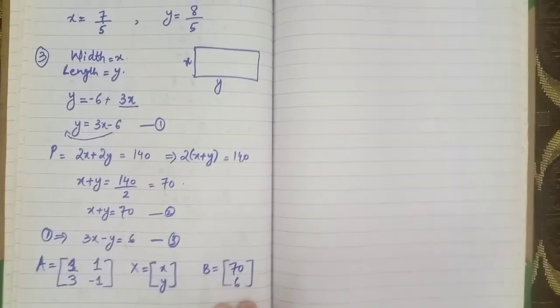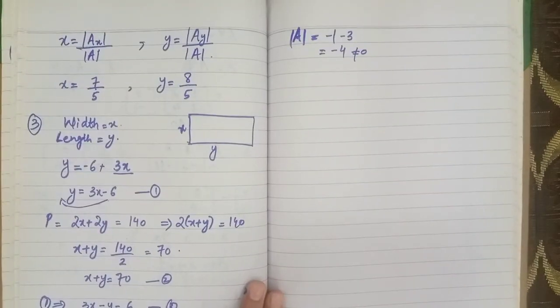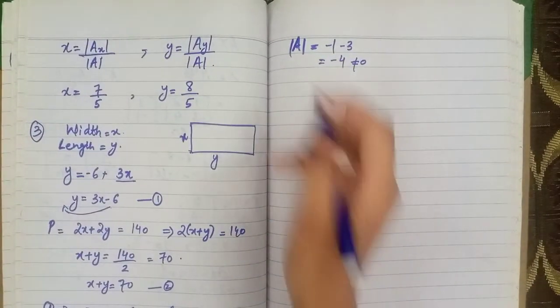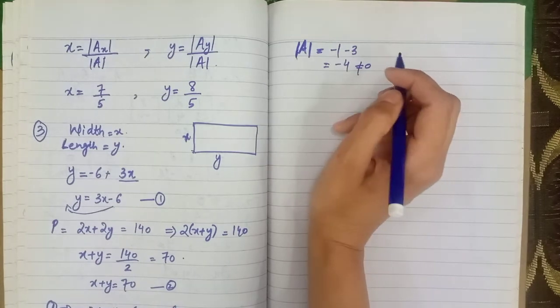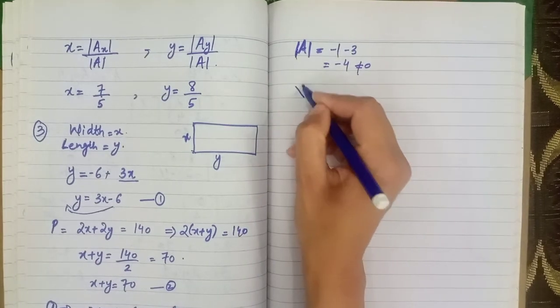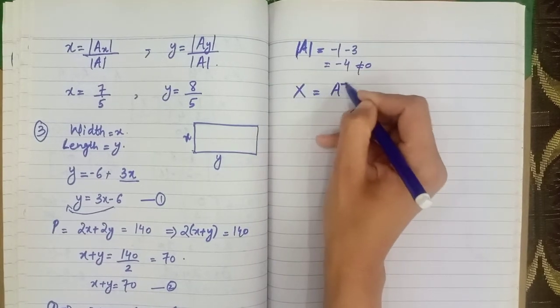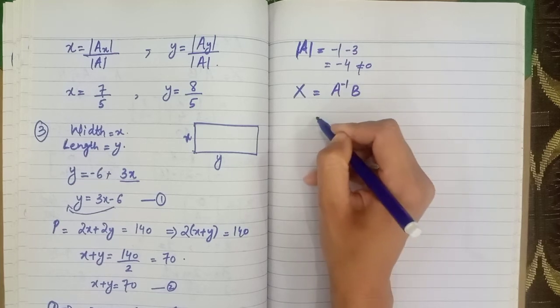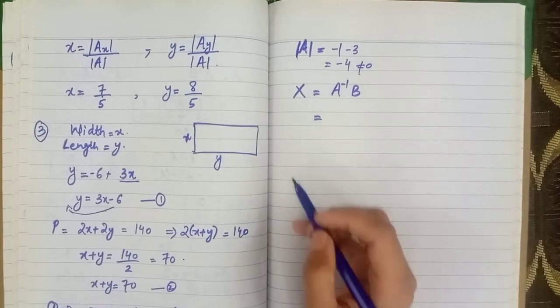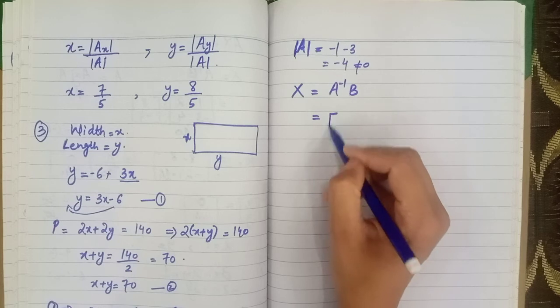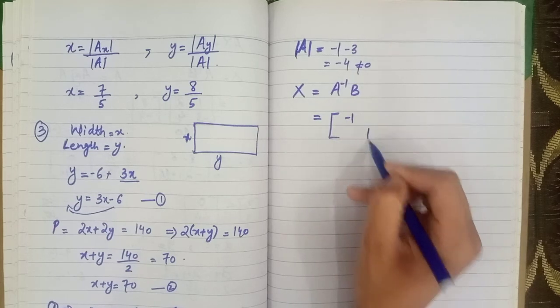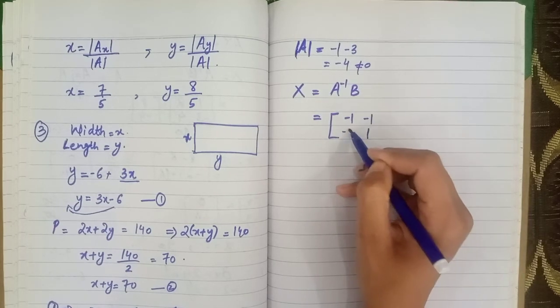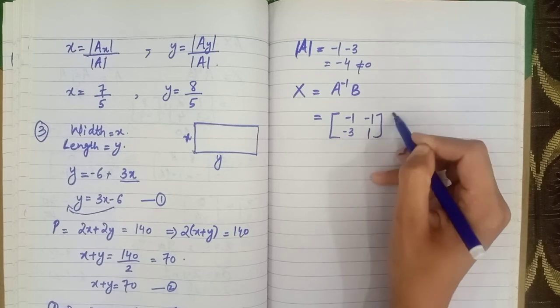Okay, so now move towards the next. Determinant is already done. X equals A inverse B, which means the adjoint of A: change the places and change the sign.